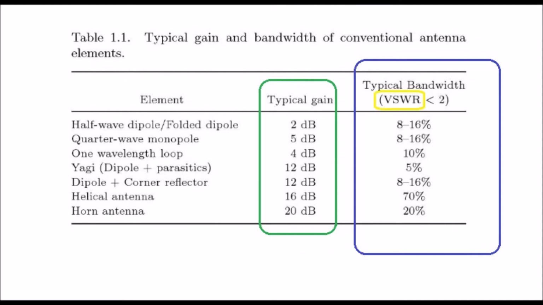The abbreviation for voltage standing wave ratio is VSWR or SWR. Both will be used in this presentation. Table 1.1 shows the typical values of these two parameters for the conventional antenna elements described above.